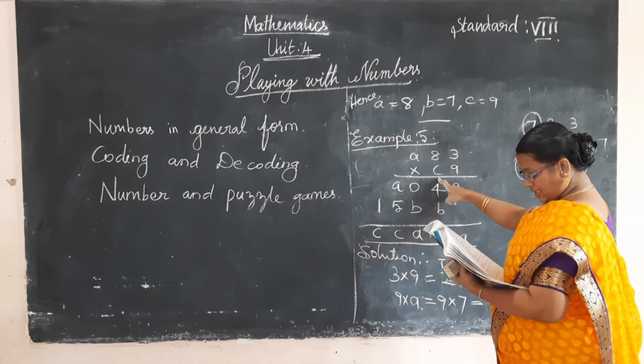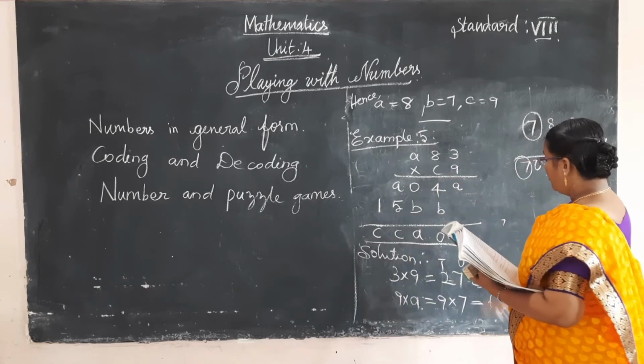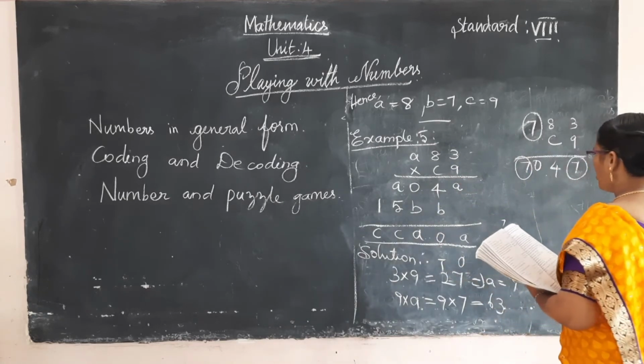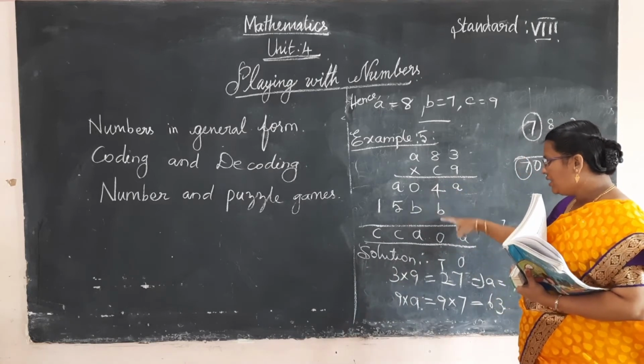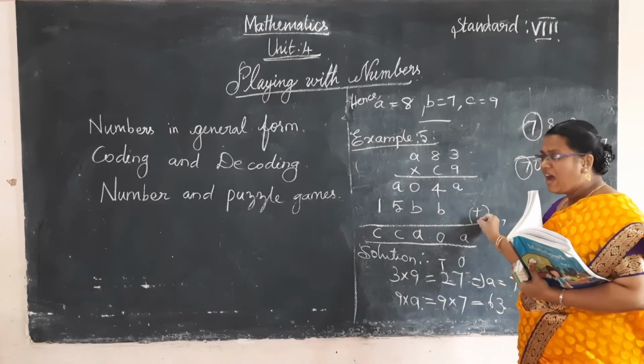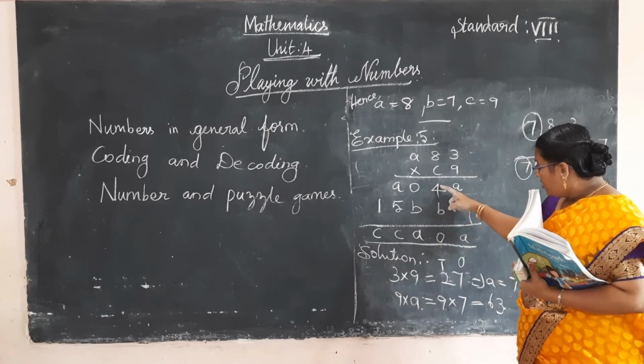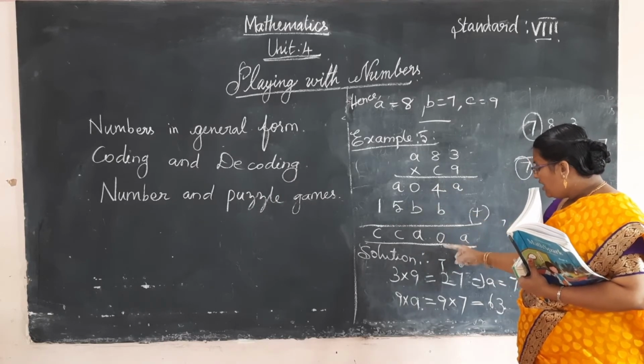3 into C is equal to, which value is possible here? 4 plus B. In this place we have added, is it? 4 plus B is equal to 0.